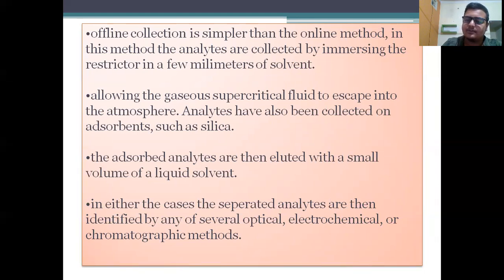When we subject the separated sample to these methods, it gives the necessary signal and provides the data, and it identifies the different components present in the given analytical sample. It also helps to quantify how much concentration of the different compounds is present.